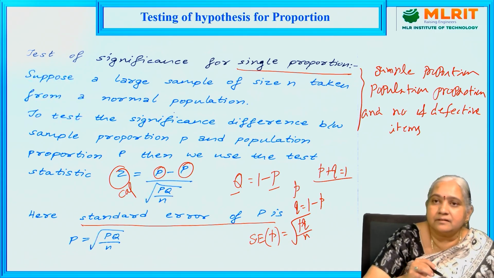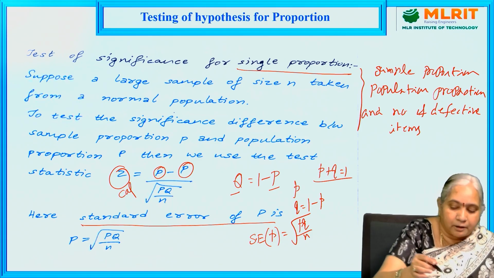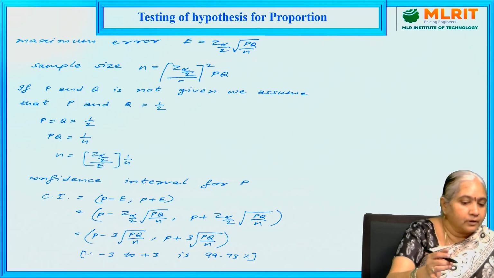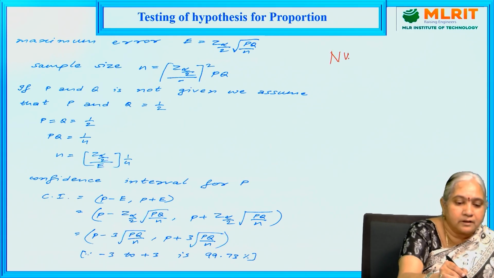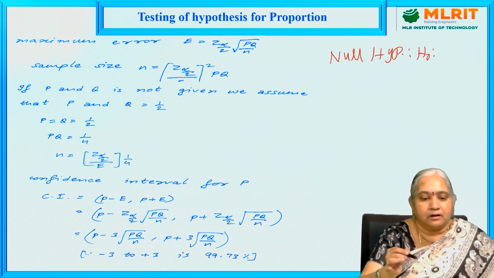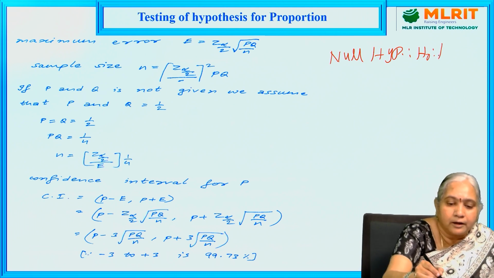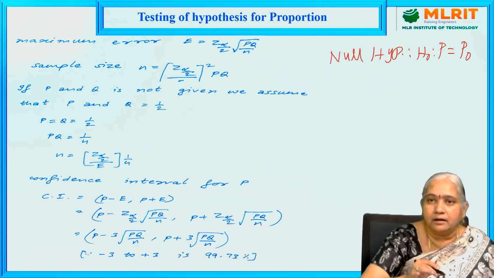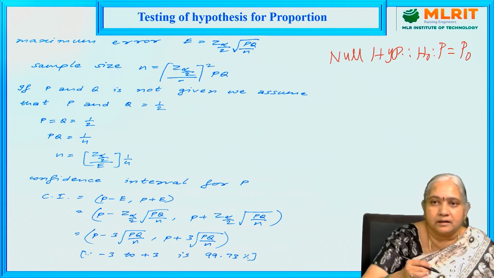Here in this test, the null hypothesis is the claim about the population proportion. What he claimed, that is the null hypothesis. So the null hypothesis, denoted by H0, is population proportion equal to P0. P0 is a fixed value, or his claim about the population proportion.